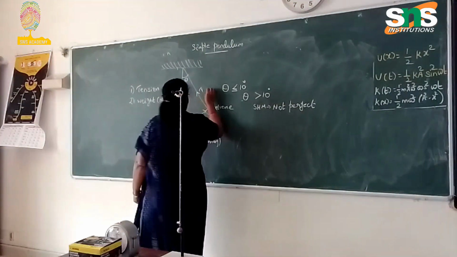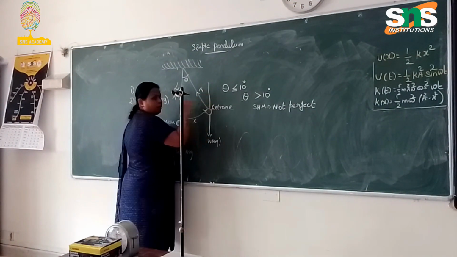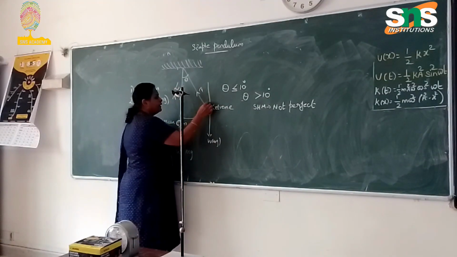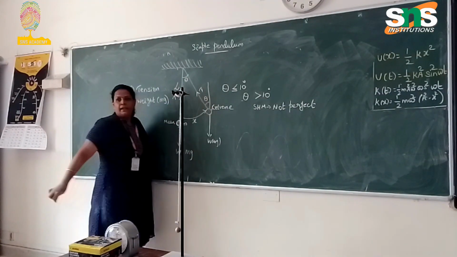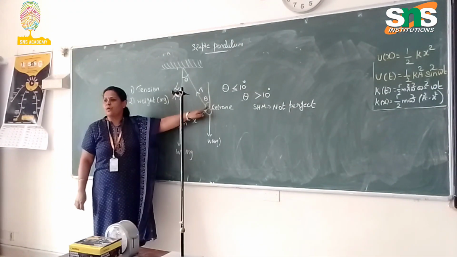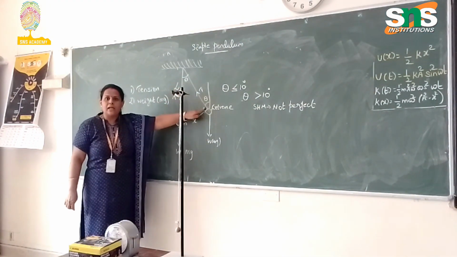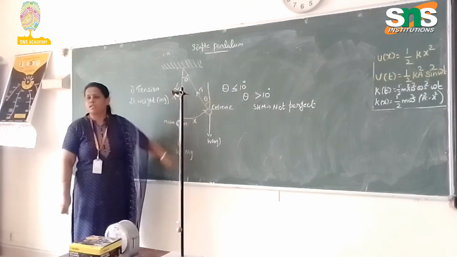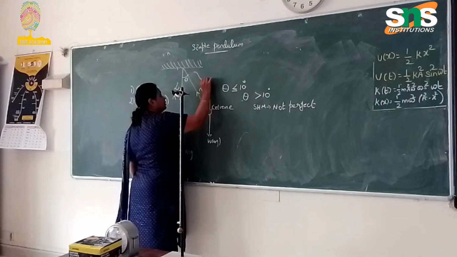Here there is a theta. For derivation purposes, these are alternate angles. Can I write theta here also? Since this theta is equal to this theta, these two are alternate angles.